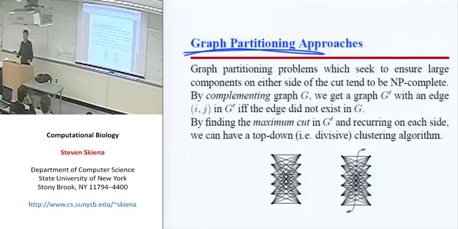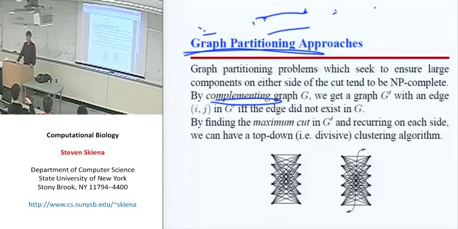But the one that I think is easiest to think about would be to take your graph, instead of thinking of it as a similarity graph, and replace every edge by a non-edge, and every non-edge by an edge. That is what we call complementing the graph.